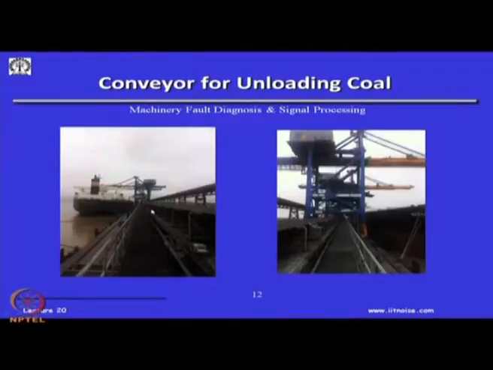unload coal. As you know, in our country we do not have good quality coking coal, but we have good quality iron. So, we export iron ores, with the same conveyor systems.